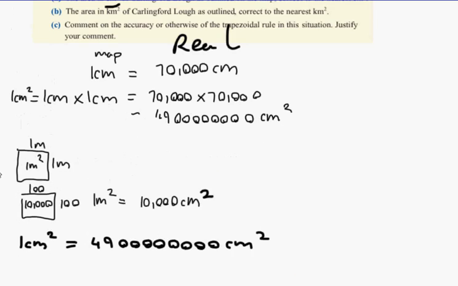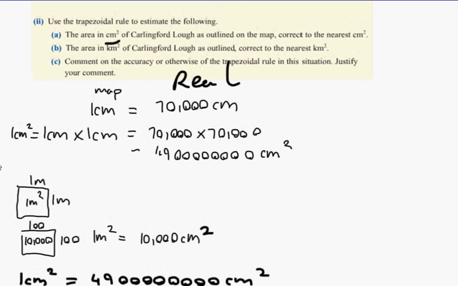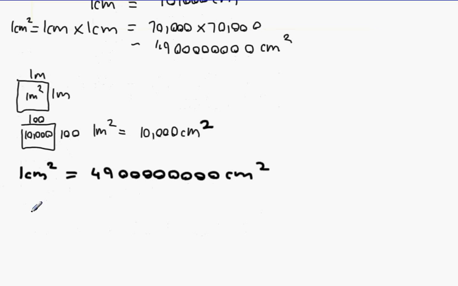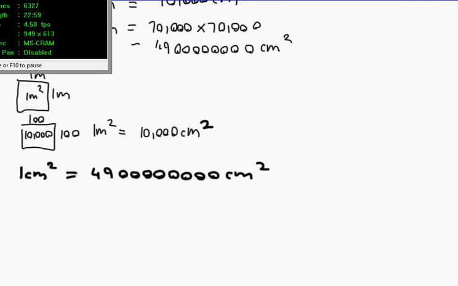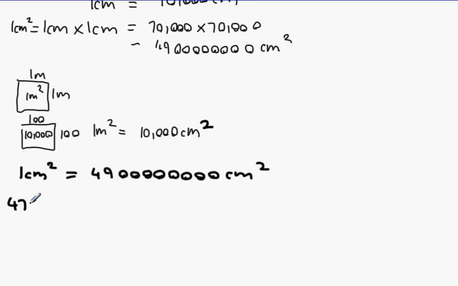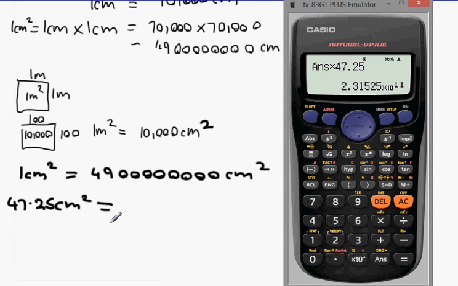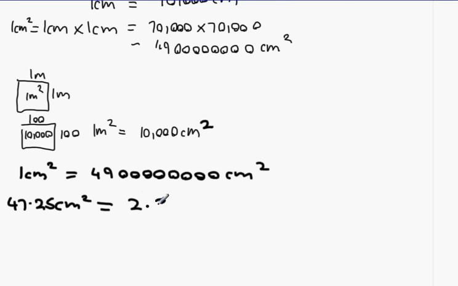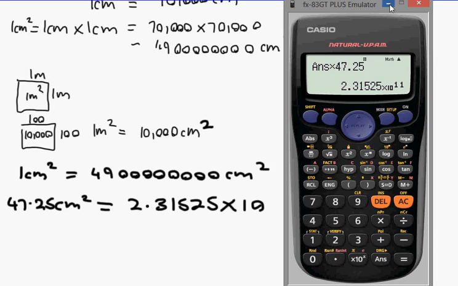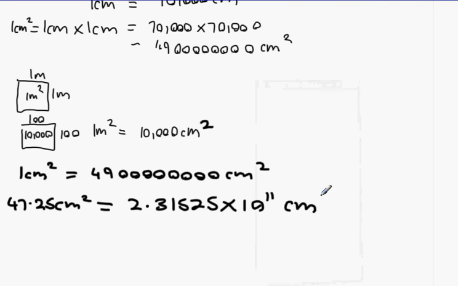Then we have to find the area of the map, which was 47.25 centimetres squared, so we need to multiply 49 and 8 zeros by 47.25. What we get is 2.31525 by 10 to the power of 11. This is centimetres squared in real life.